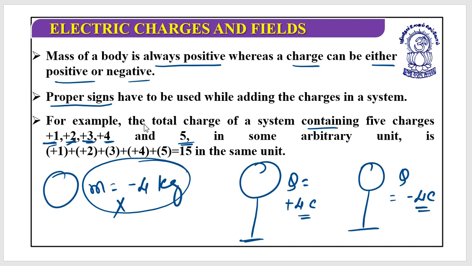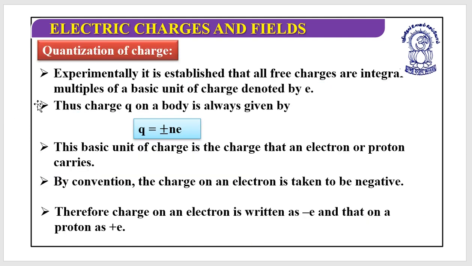Do it: 1 plus 2 is 3, 3 plus 3 is 6, 6 plus 4 is 10, 10 plus 5 is 15. So the total charge in that system would be 15. I hope this is clear. So we can directly add the charges.